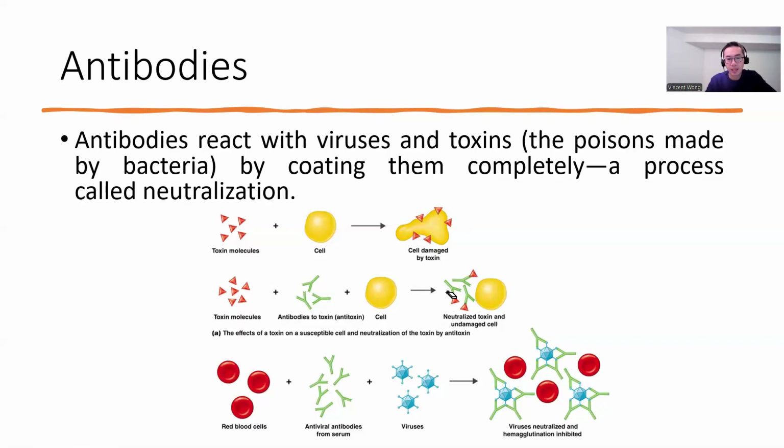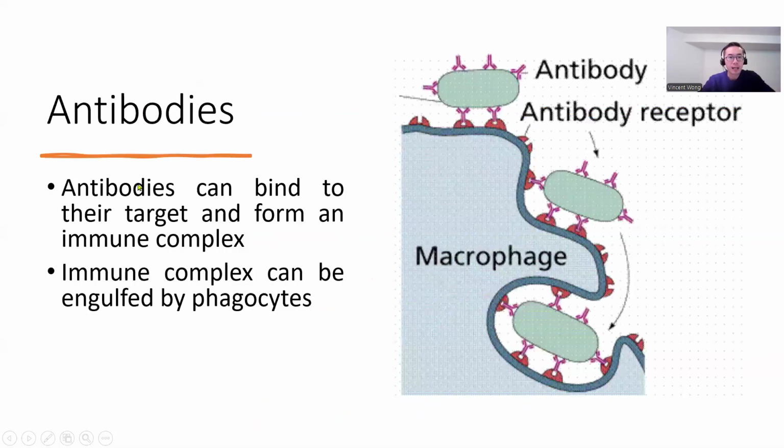So the antibody binds to the toxins, it won't bind to the cell, and you survive. Over here, we have some viruses that are going to infect the red cells, but with the help of antiviral antibodies, they will bind to the viruses and again neutralize them. Okay, so neutralization.